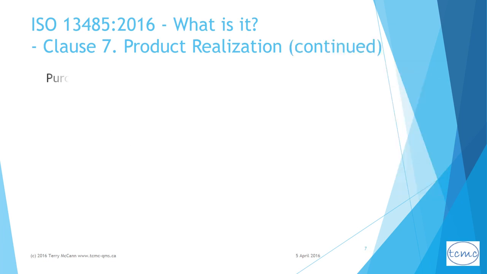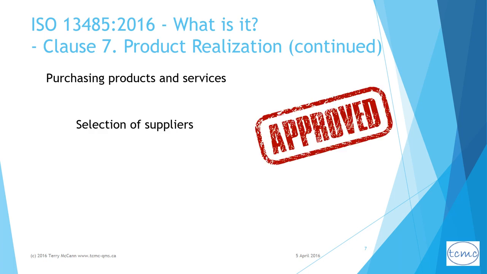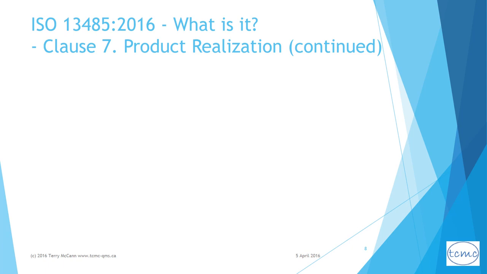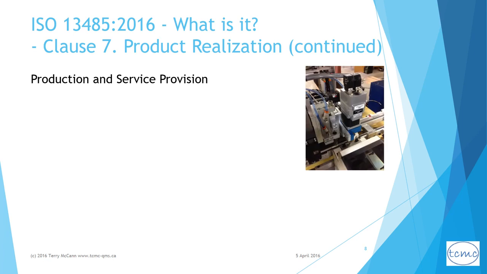Then you have to document procedures to control purchasing, such as to control the selection of suppliers, to monitor supplier performance, to plan product purchases, and to verify that purchased products conform to specifications. Clause 7 also requires that you plan, monitor, and control production and service provision, define requirements for contamination control if that is applicable in manufacturing and storage, and document product installation and verification requirements.